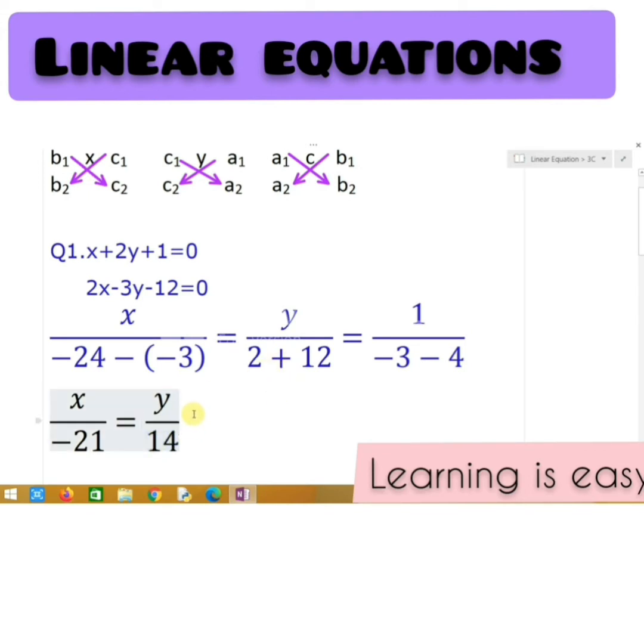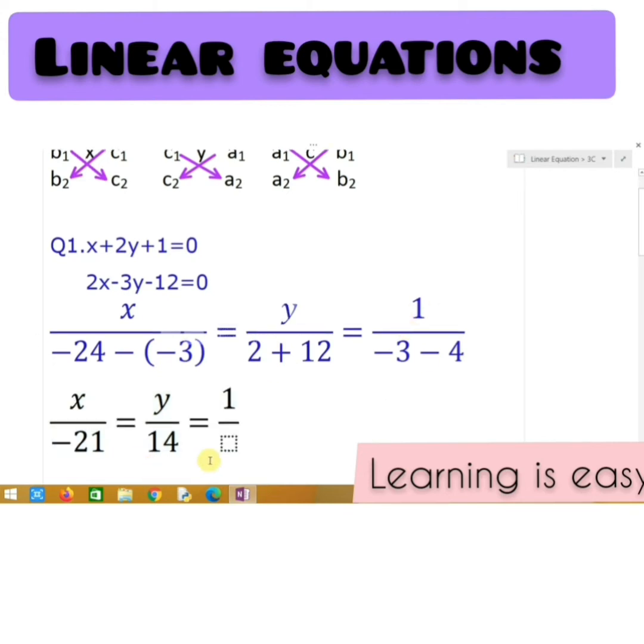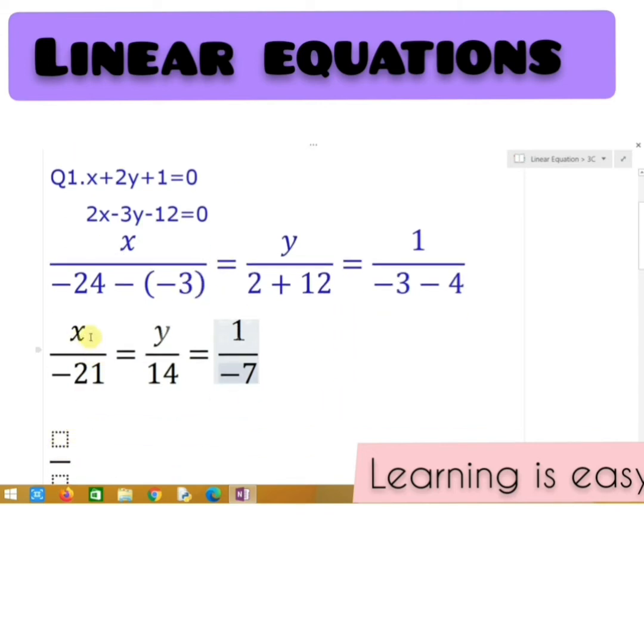Those are negative integers, so we can add them. That's minus 7. So by equating x and the constant term, we can get the value of x. So x by minus 21 equal to 1 by minus 7, which will give us the value of x. Same way, by equating y and the constant term, we get the value of y. So here first we'll get the value of x by equating the x and the constant.